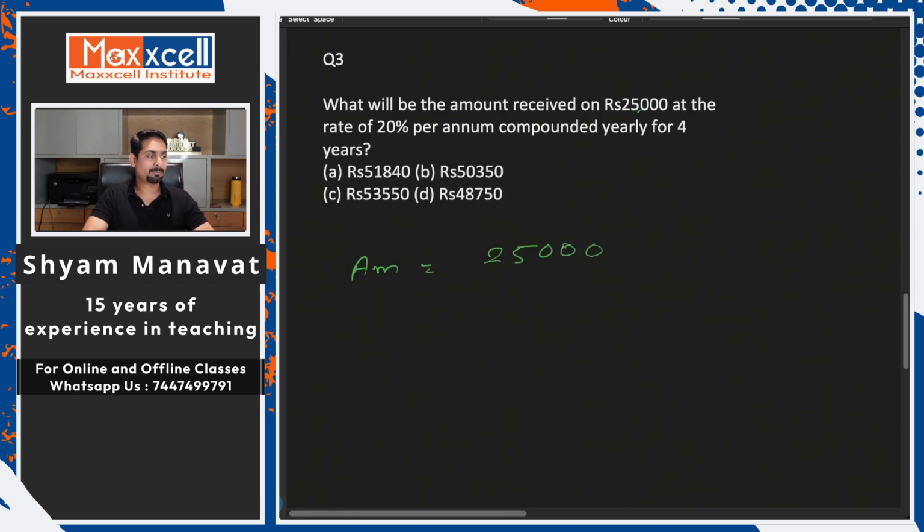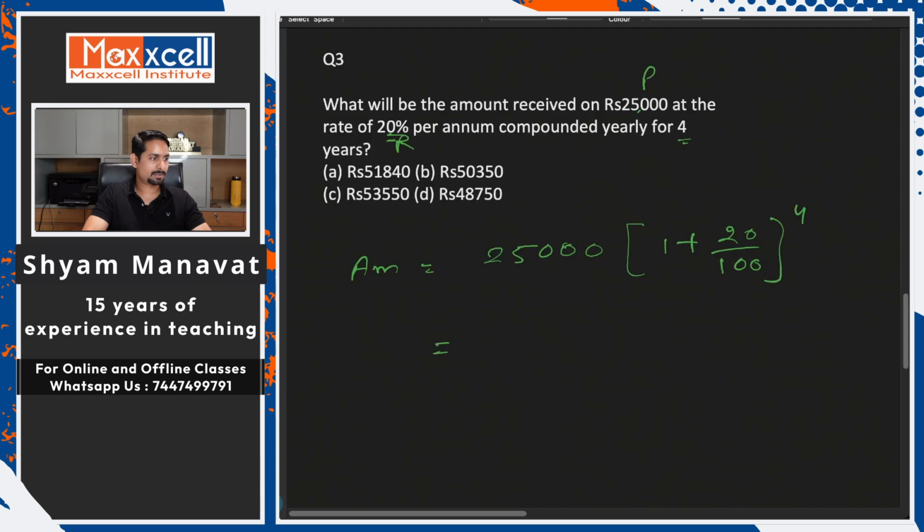So what is the formula for compound interest? For amount in case of compound interest, amount equals principal into 1 plus rate of interest, in this case 20 divided by 100, to the power 4. The duration, the time period, is 4. Rate of interest 20%, principal is 25,000.